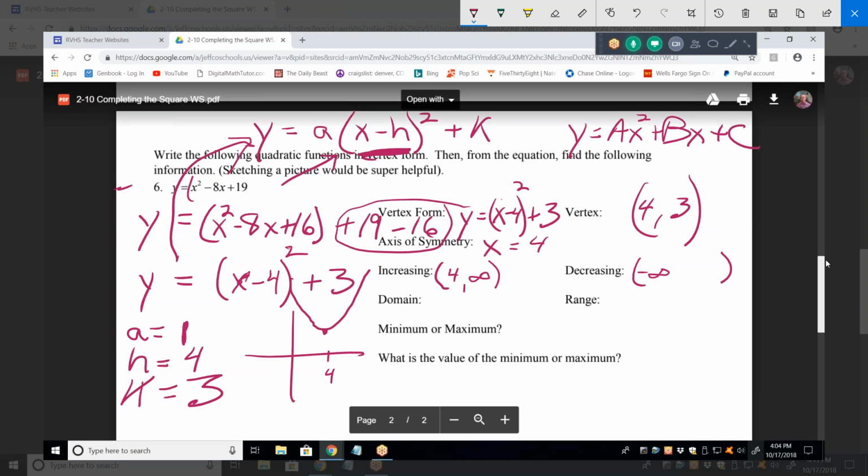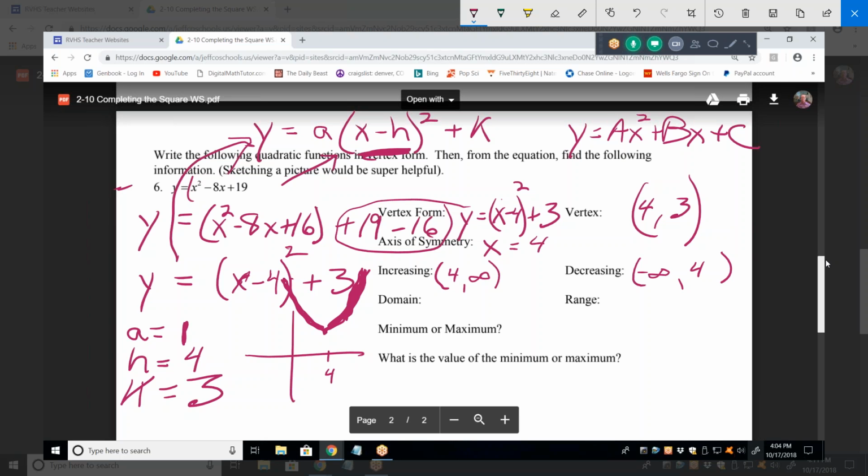Increasing and decreasing is horizontal. This part is increasing every step of the way, and here every step of the way it's decreasing. So negative infinity to 4 is decreasing.